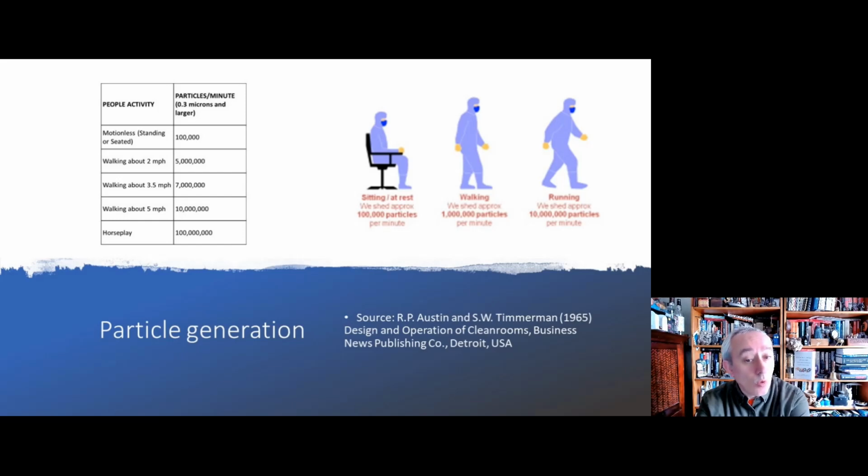A light walk, we're up to 1 million particles. A brisk walk, a jog, or even running, although we'd never ever engage in those kinds of activities in a clean room, would be 10 million particles per minute. Now obviously we reduce all of that by wearing the clean room suits by 9-fold, as I said earlier.